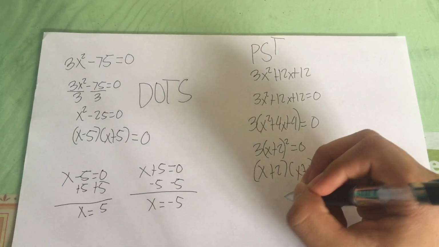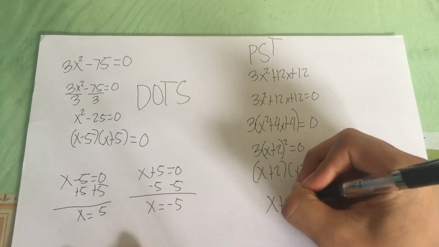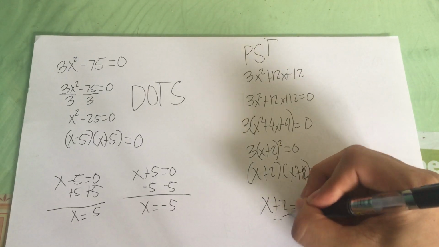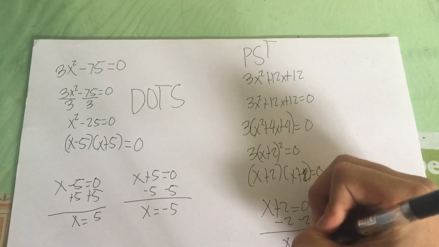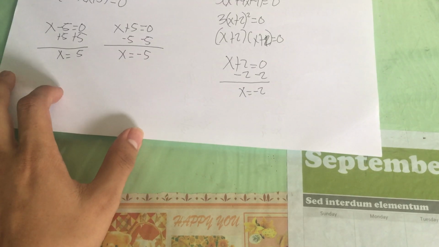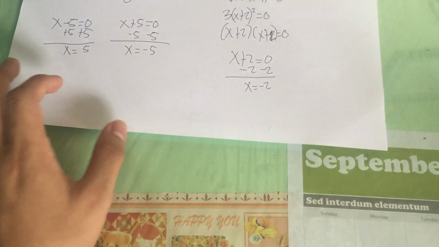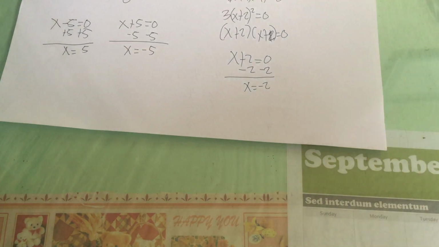So what happens here is it's the same. So what we'll just do is x plus 2 equals 0. Subtract 2, which will lead to x equals negative 2. There you have it. Now let's try quadratic trinomial with a leading coefficient of 1. Let me get paper.